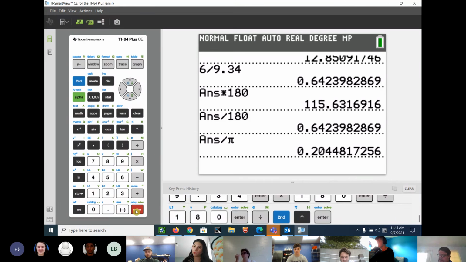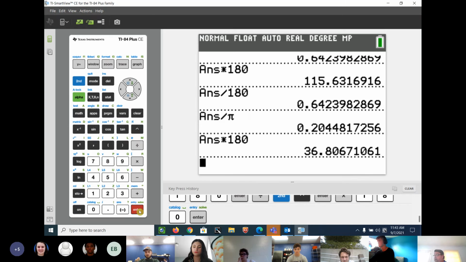And then multiply that by 180, because that is pi, and I'm going to multiply by 180 over pi. Multiply by 180, and that gives us 36.8067161 is equal to theta.